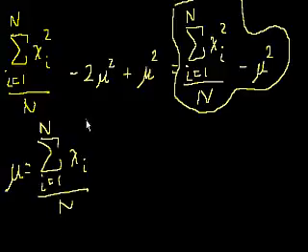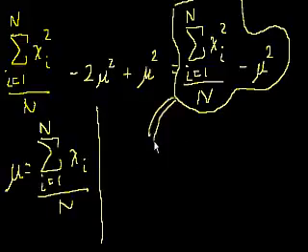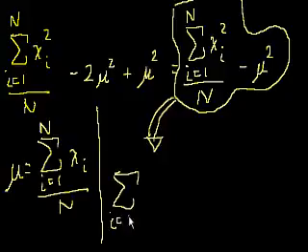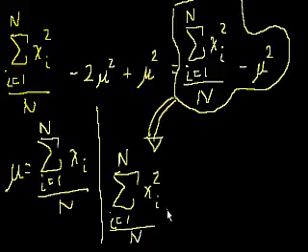So if we look at this, this thing can be written as, let me draw a line here, the sum from i equals 1 to n of x sub i squared, all of that over n, minus mu squared. Well, mu is this.